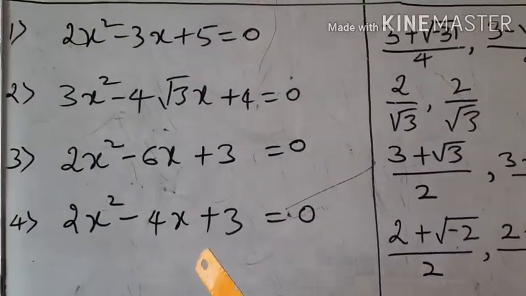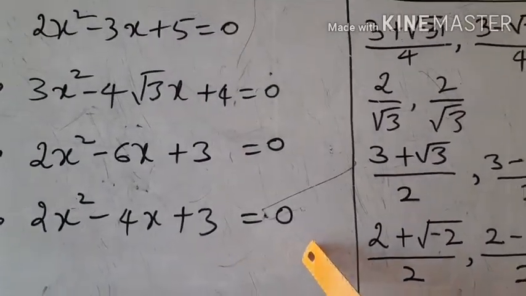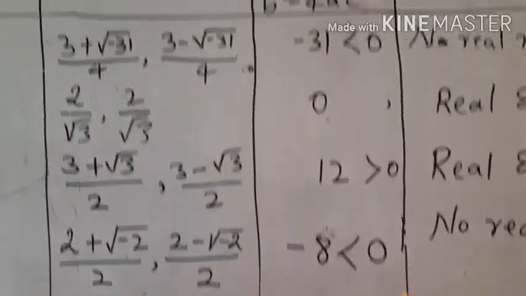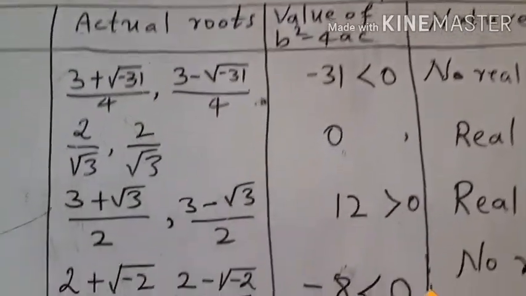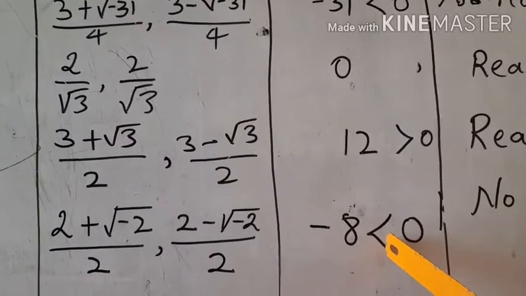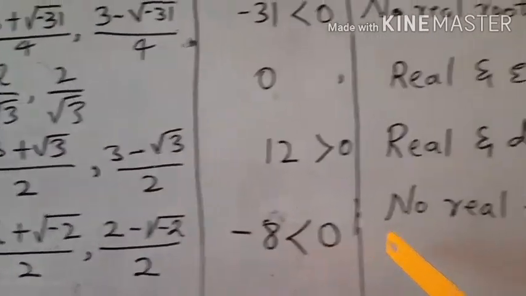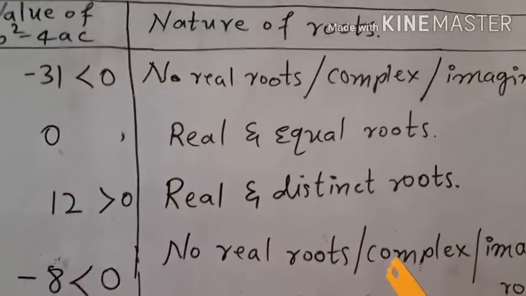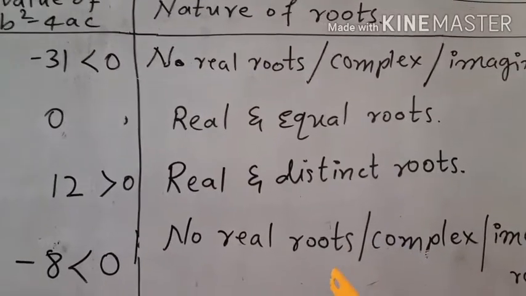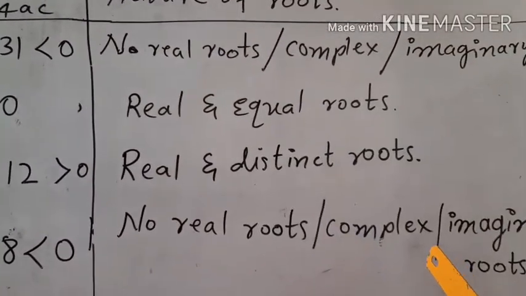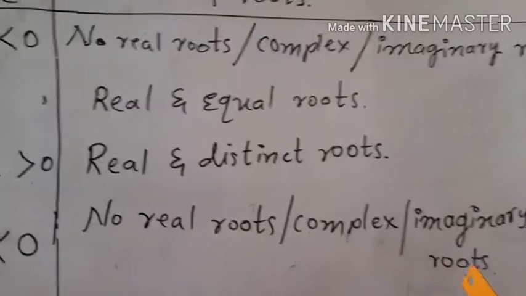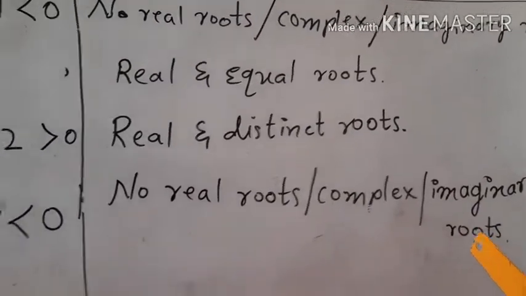2x square minus 4x plus 3 is equal to 0 is the given equation, and the value of the discriminant b square minus 4ac is minus 8, which is less than 0. Therefore, the nature of the roots, what we can say is no real roots, or the roots are complex roots or imaginary roots. Is it clear?